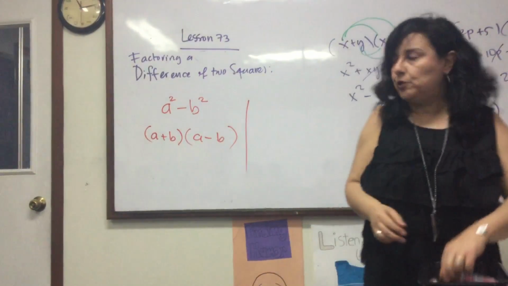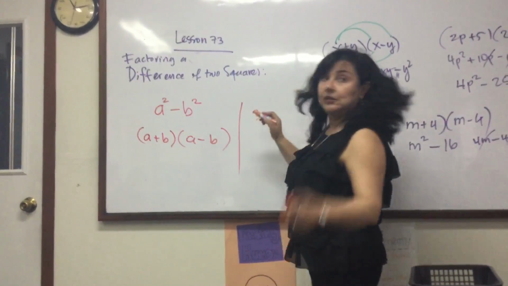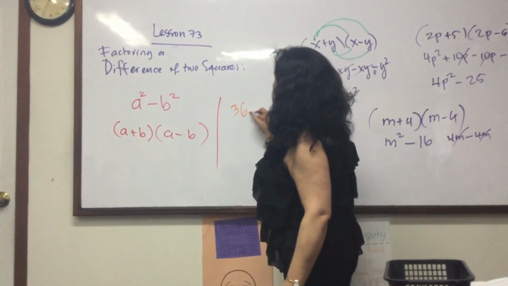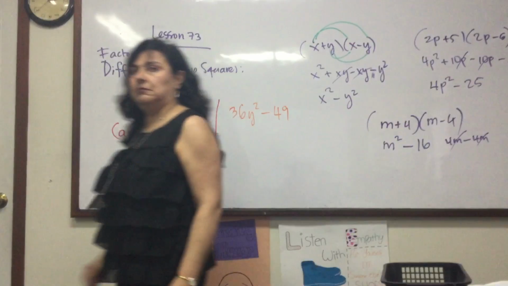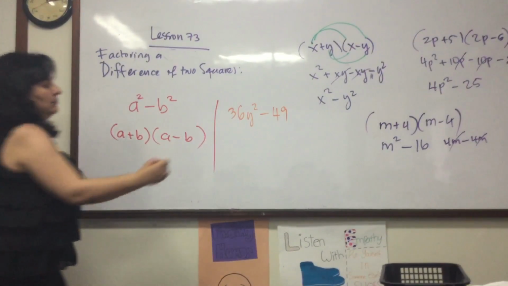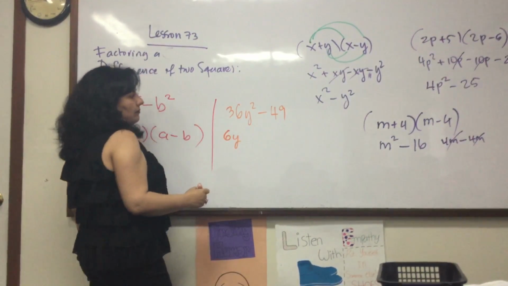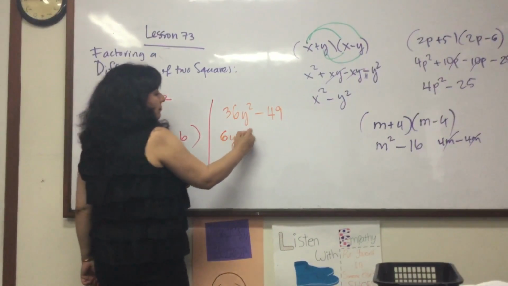How about 36y squared minus 49. 6y minus 7.